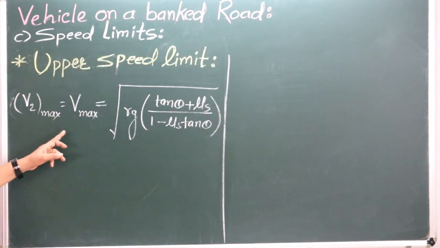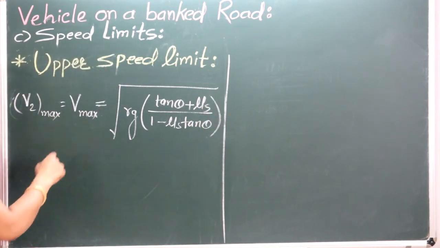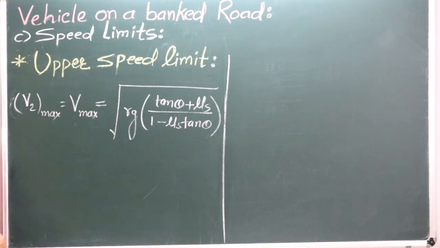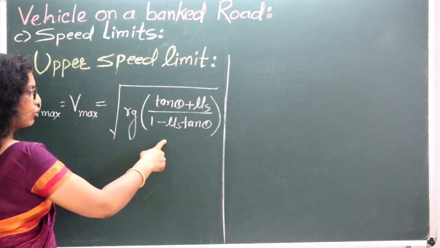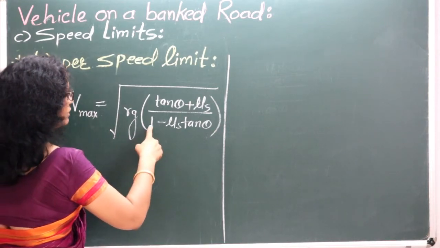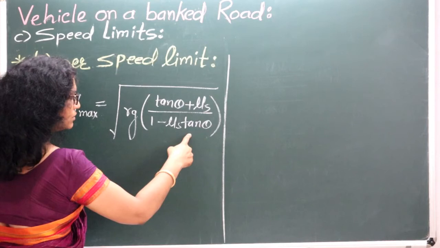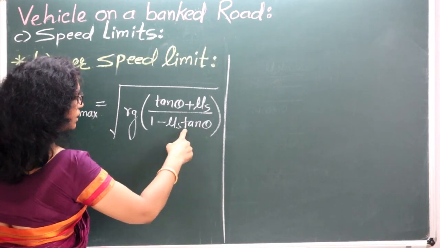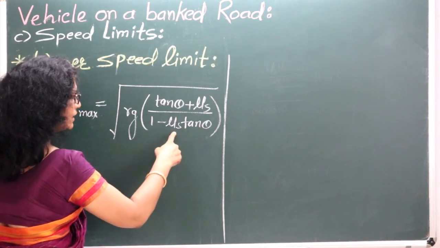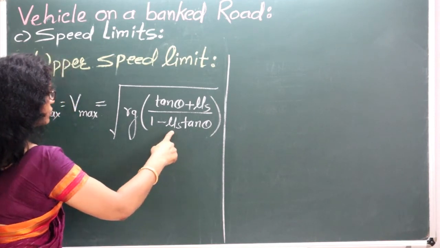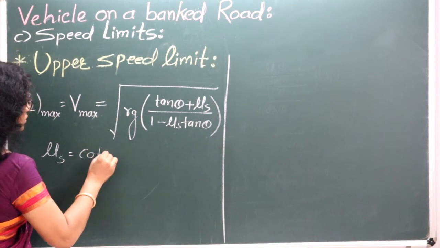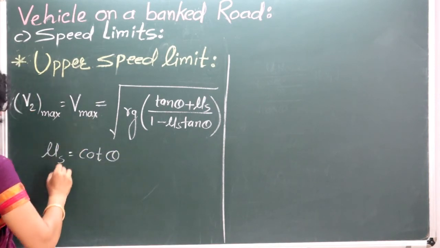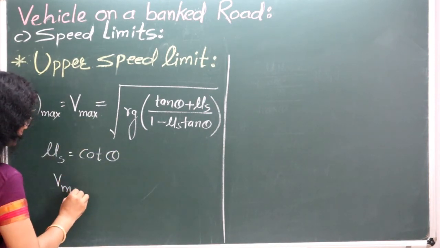Now for the maximum value, v max equal to infinity. When will it become infinity? When the denominator becomes 0. And when the denominator becomes 0, when 1 minus this complete term equal to 1, that is this tan theta, then mu s equal to 1 upon tan theta, that is cot theta. If we put mu s equal to cot theta, then v max equal to infinity.